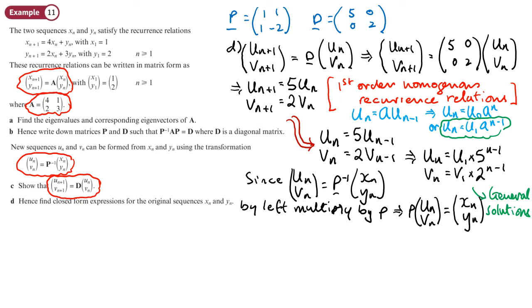So this tells us how to change the solution to the recurrence relation in terms of u and v to x and y.